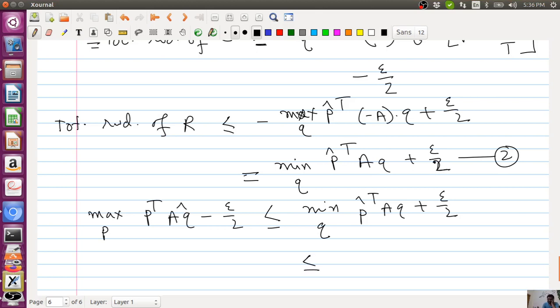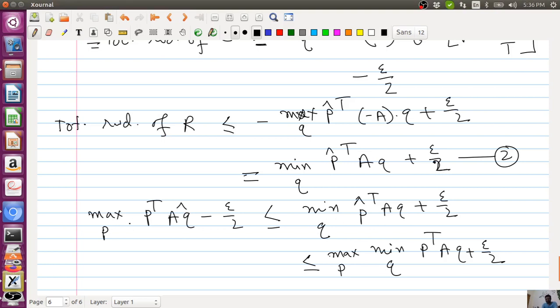Now, this quantity depends only on P hat, so it is only smaller than if I maximize over P. So max over P, min over Q of P transpose A Q plus epsilon over 2. The P that achieves this maximum may not be P hat, in which case it is strictly larger than this quantity.